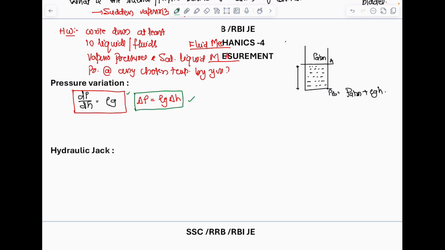Now, when there is a pressure change with depth, how do you draw it? I am measuring the depth from top to bottom. Just follow me. This is P atmosphere.